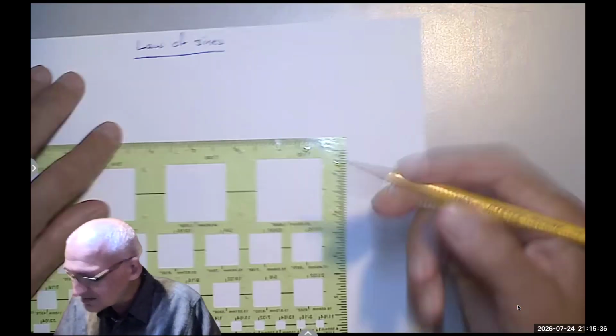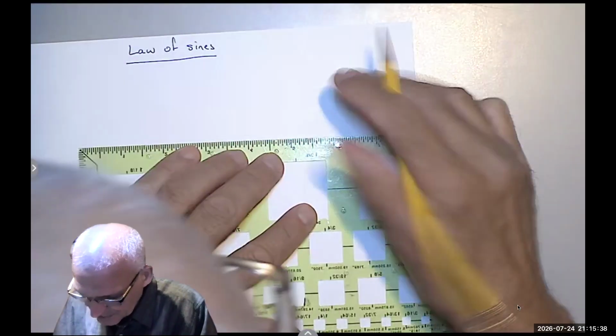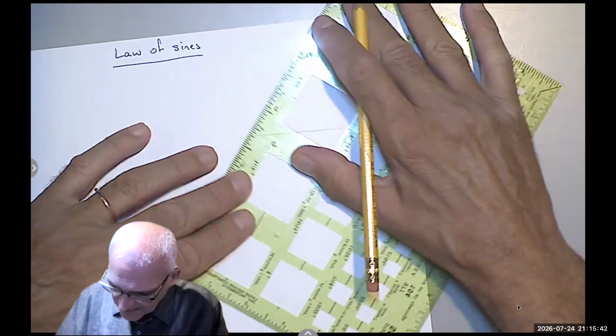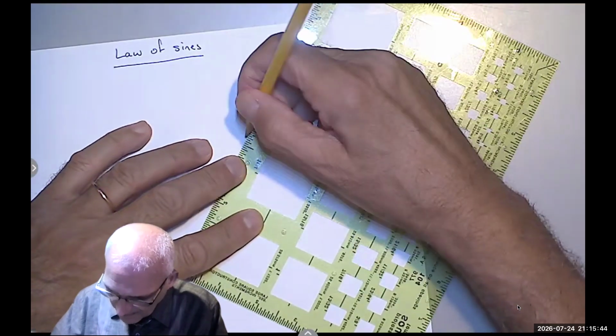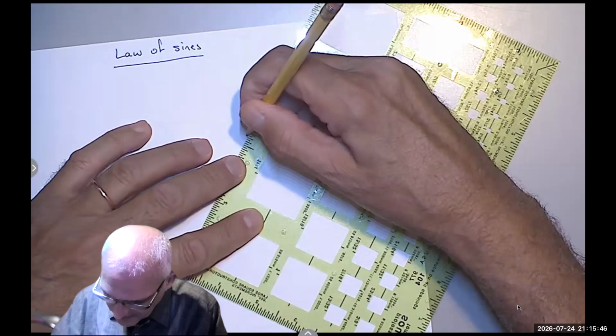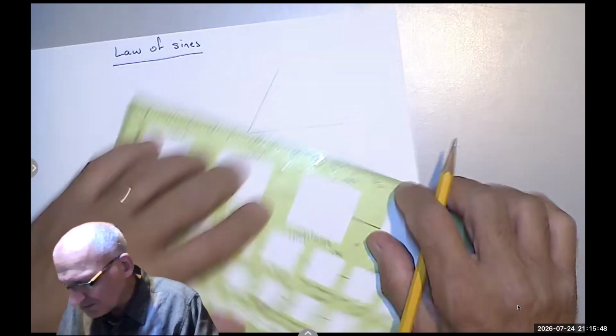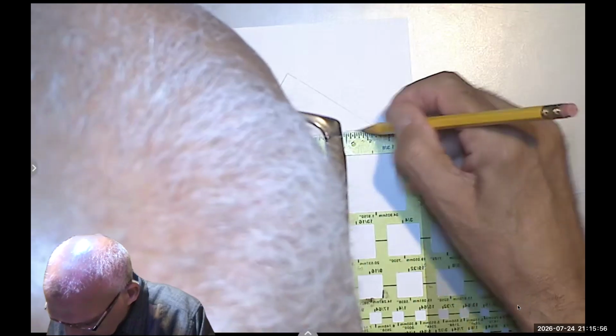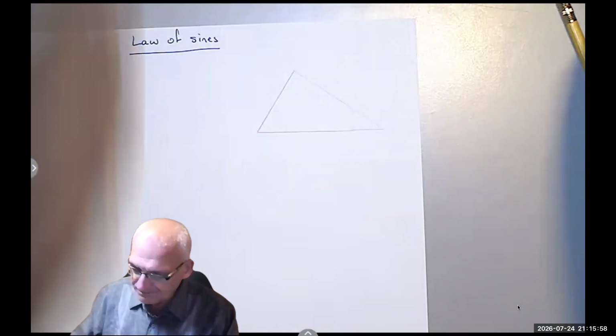It's not the best pencil, but okay. If we draw any triangle, it doesn't matter if it's right, acute, obtuse, scalene, it really doesn't matter. Let's call it ABC.